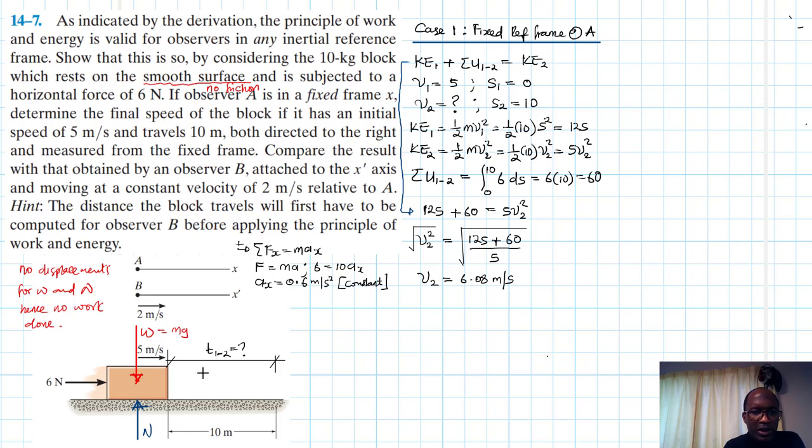Again, this time that we are finding here is for the block from point 1 to 2. We can use the velocity, since we already have the final velocity, and we have the acceleration.